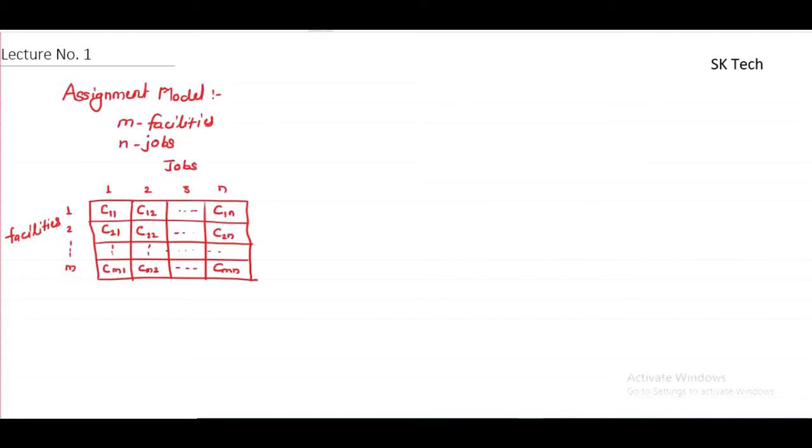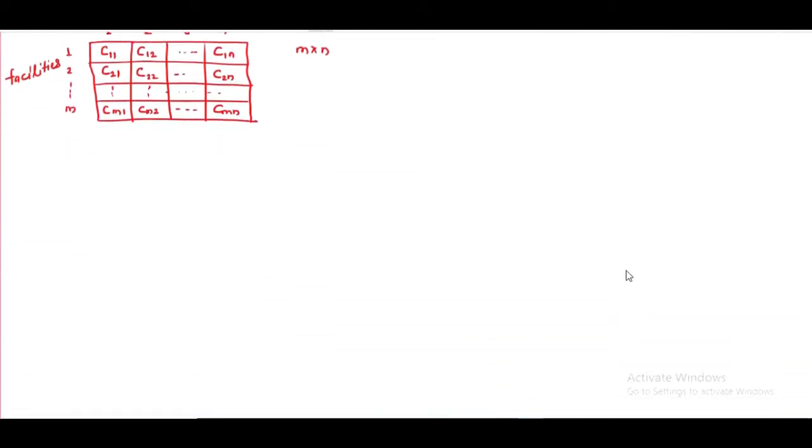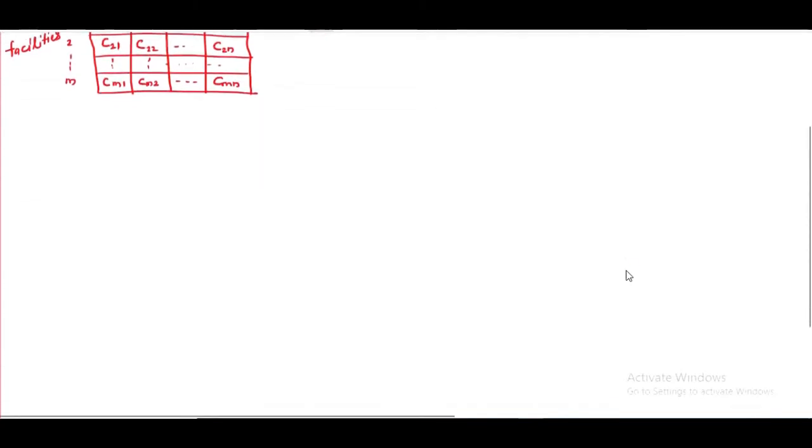So we can say that the order of this matrix is M by N. The assignment problem is solved by using the Hungarian method. So first we'll see what is meant by the Hungarian method and what steps are used to solve the assignment problem.